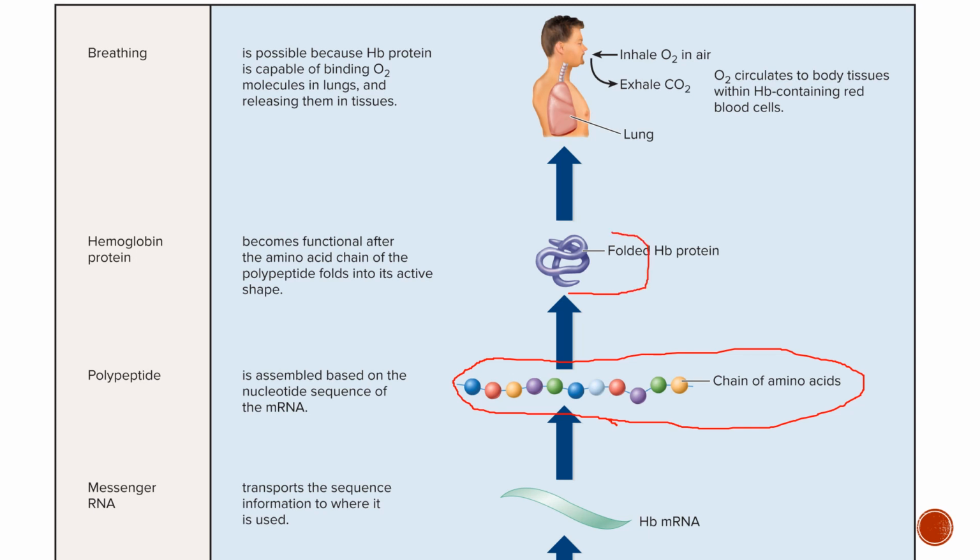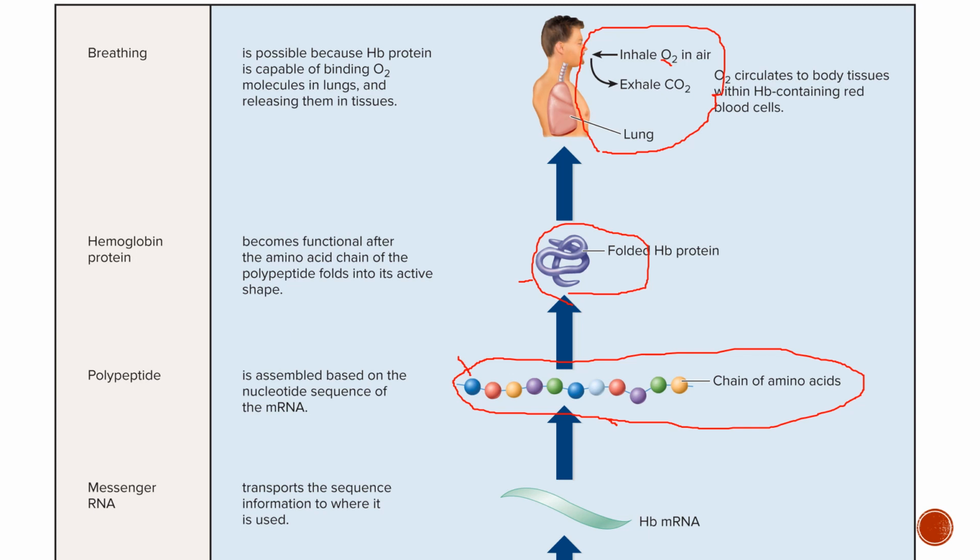That protein is going to fold into its three-dimensional shape. So, quick recap of proteins. This would be the primary structure, the amino acid sequence. This would be our tertiary, three-dimensional shape. Then that protein goes and does a job. In this case, it is taking oxygen in from our lungs and delivering it throughout the body through the blood.